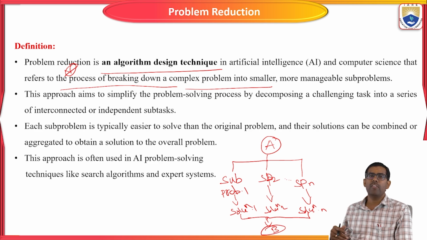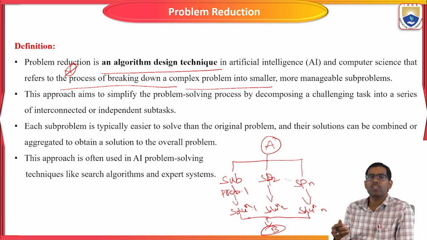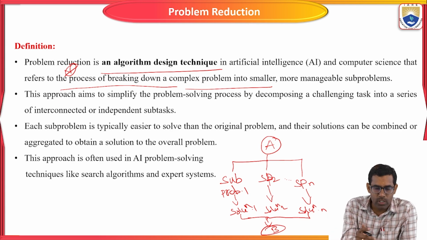Finally we decide one solution for the main problem. This is simply called the optimal solution, the optimal algorithm, or optimal concept for the particular problem. This way we use some problem reduction concept to solve a problem.